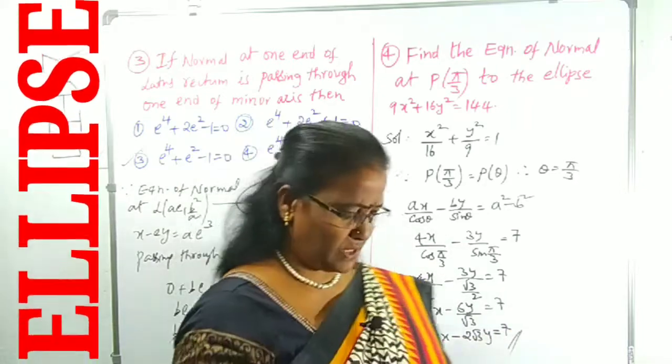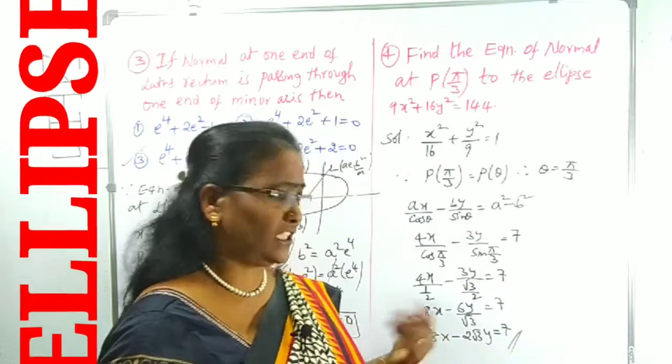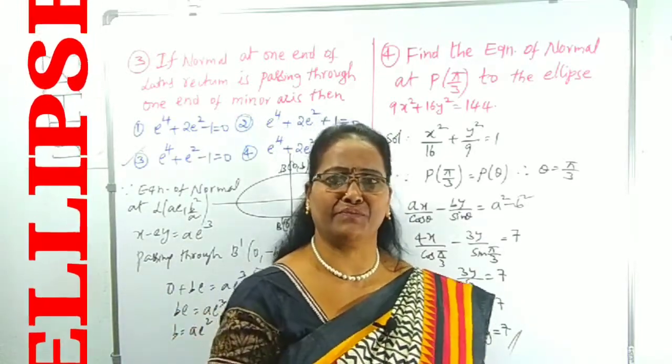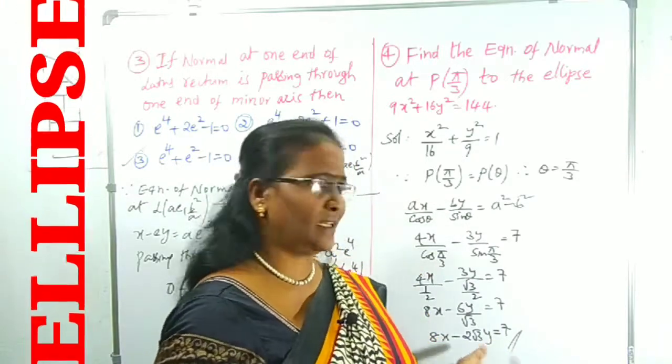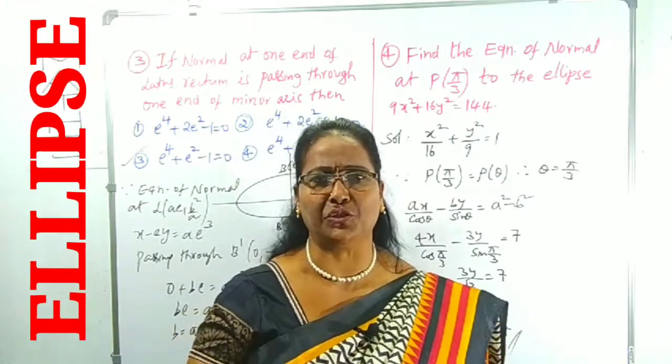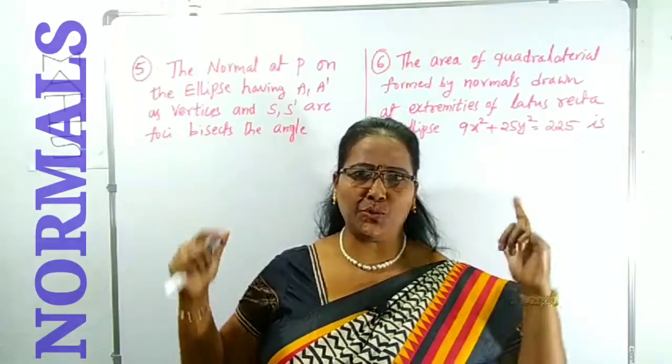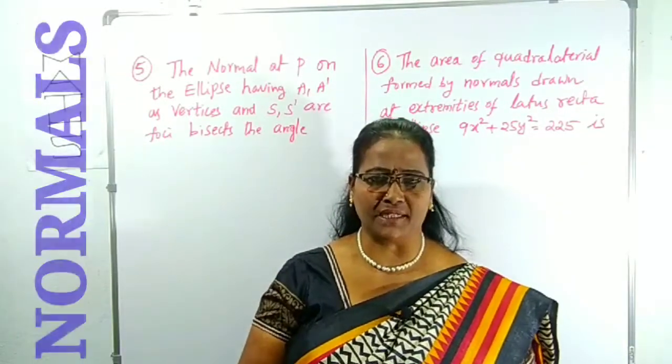Okay, the cancellation part we have to take care of. In the calculation part, in objective type questions, speed with accuracy is important. That is possible, there is nothing difficult at all. Just concentrate on what you are doing, what you are choosing, what is the given data. Clear? These two are applications of normals.